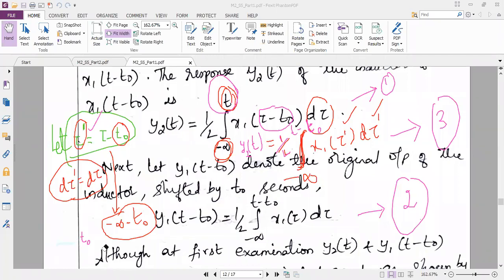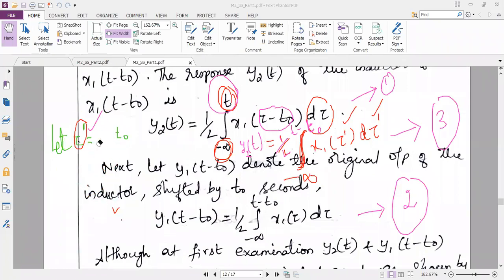Since right hand sides are equal, can I say that my left hand sides are also equal? So y2 of t is equal to y1 of t minus t naught. This is the requirement for me. If y2 of t is equal to y1 of t minus t naught, I can say that the inductor is time invariant. I hope all of you followed it.